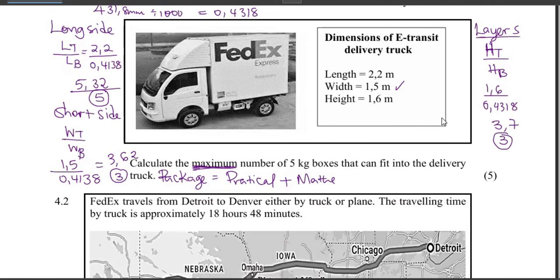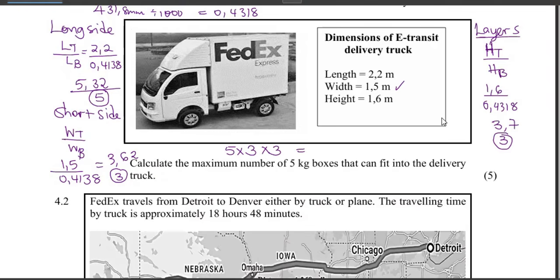So now we are looking for the maximum number. It's going to be 5 by 3. Only one layer will have 15, 5 times 3. Then how many layers are there? They are also 3.